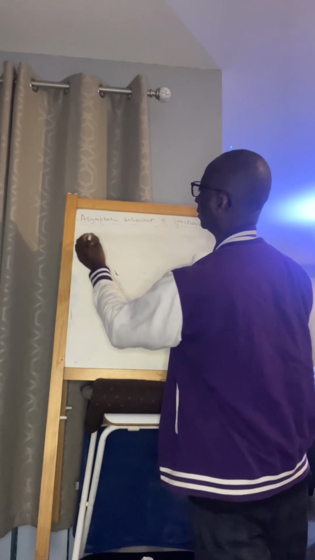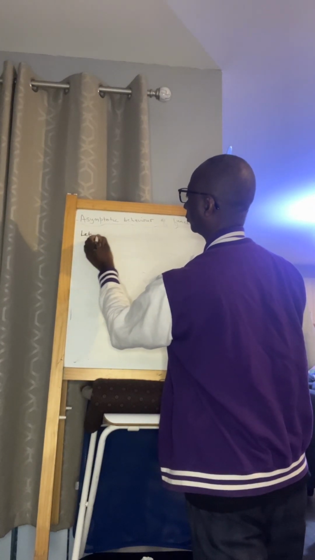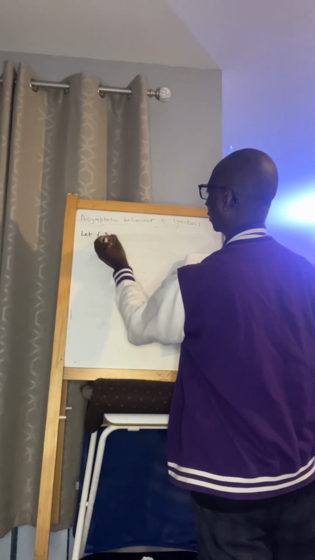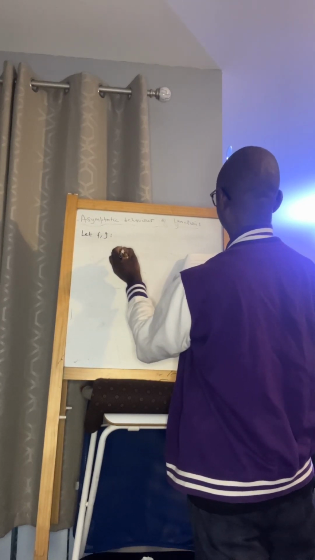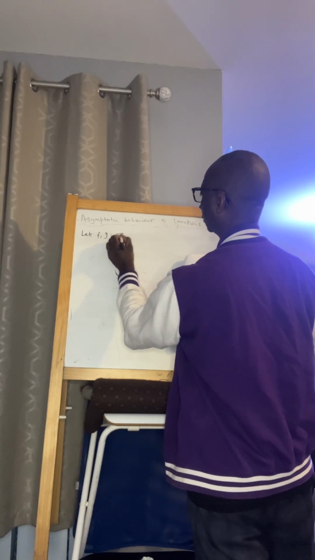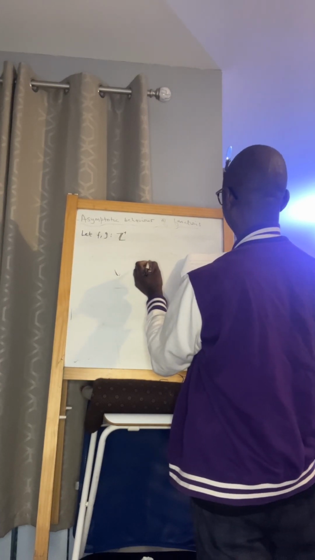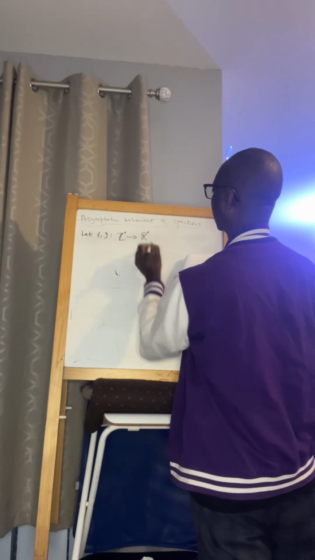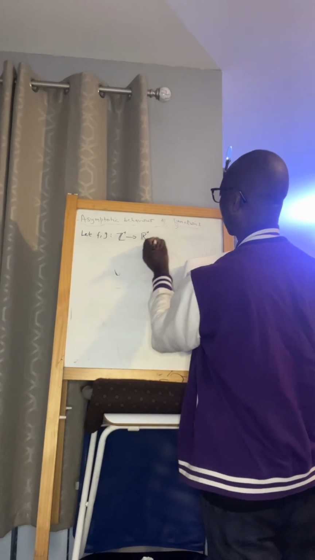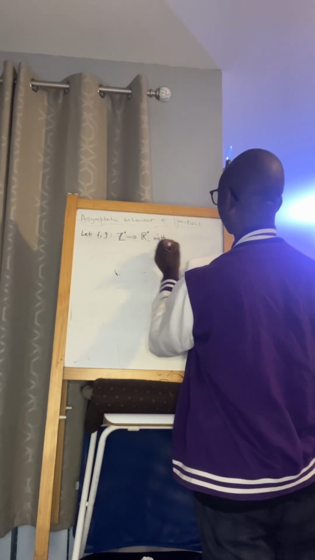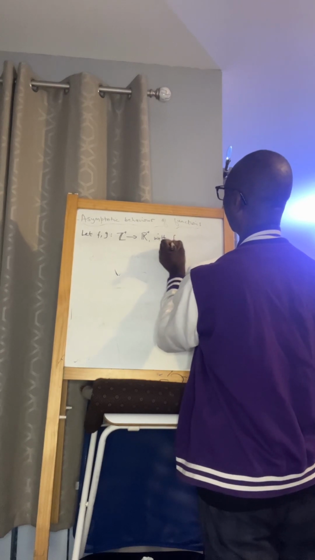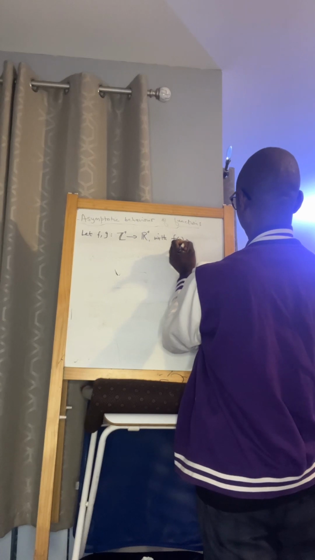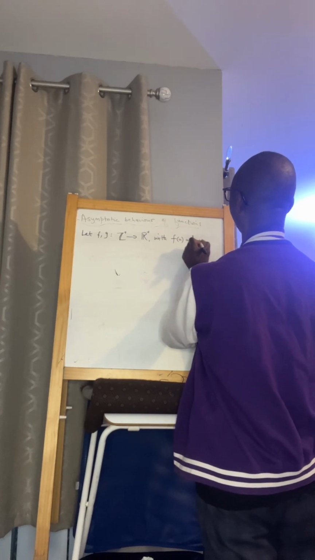Let f comma g show that all positive integers are mapped to all positive real numbers, with f of n equals the natural logarithm of n.